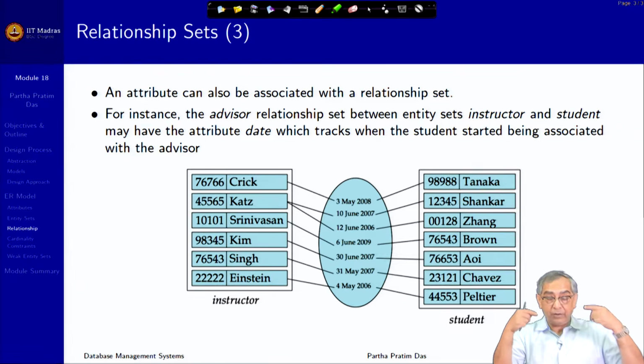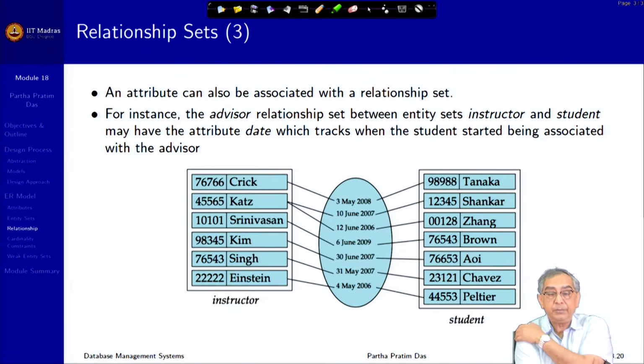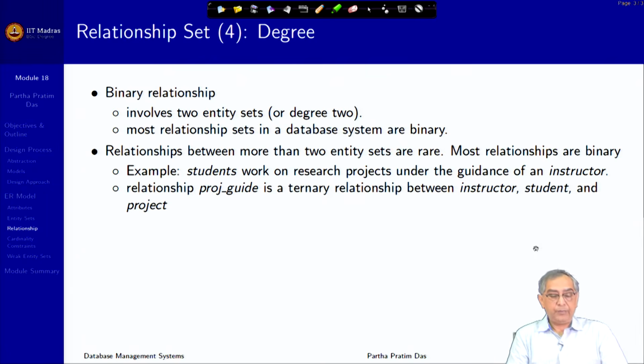That is a new concept coming. We talked about attributes only for entities, but attributes could be associated with the relationship. We will see this more. Then it depends on the degree, whether the relationship is binary or more than binary, ternary, quaternary and so on.